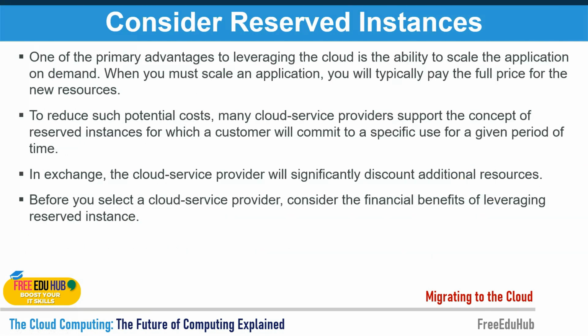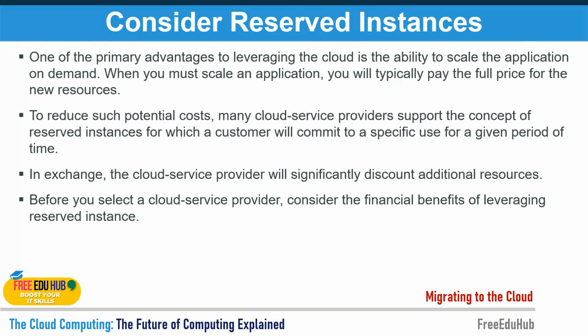Now consider reserved instances. One of the primary advantages of leveraging the cloud is the ability to scale the application on demand. So the application should be adjusted according to the requirements and the traffic which is coming on it. When you must scale the application, you will typically pay the full price for the new resource.